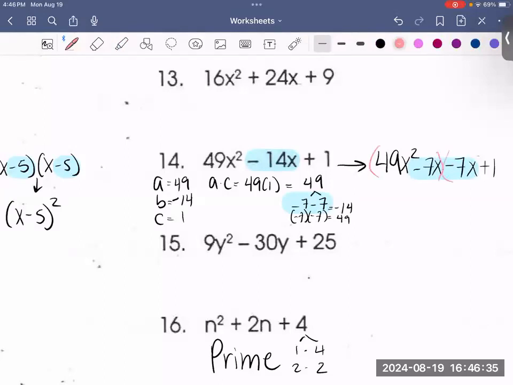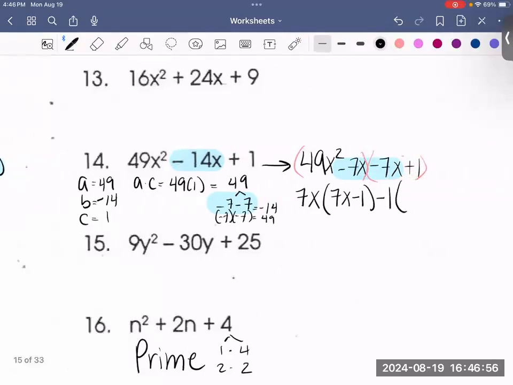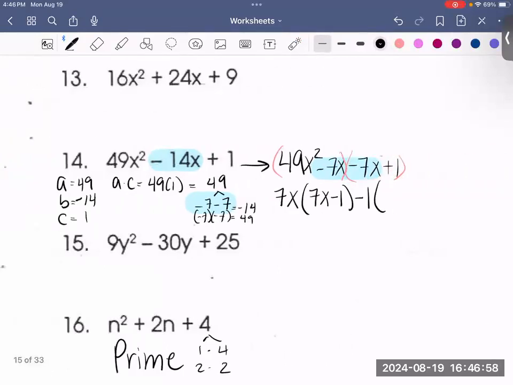Factoring out a GCF from both terms, we have 7x in common. You're left with a 7x minus 1. And notice that on your next one, it looks very similar, but your signs are different. So let's go ahead and factor out a negative 1, and that will then change the signs on the inside.